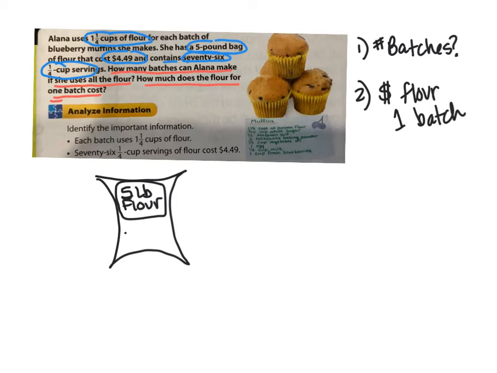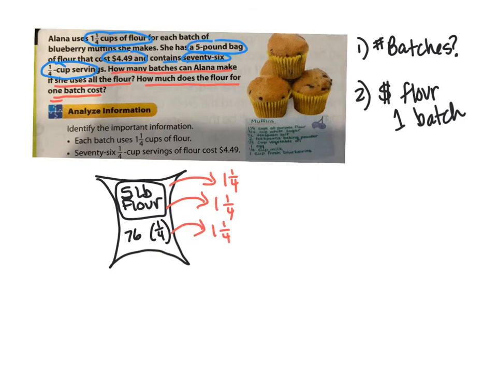So this is 76 1/4 cup servings. 76 times 1/4 cup servings will give me how many cups are in there. And then they're asking me, I'm going to take 1 1/4 cup out for each batch. How many times can I do that before I run out?